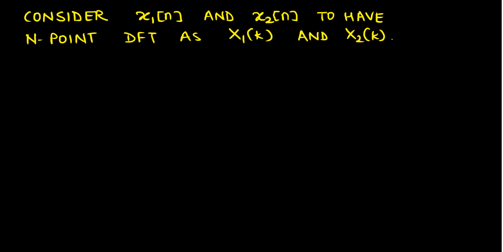So we will consider the two signals x1 of n and x2 of n, and let them have the N-point DFT as X1 of k and X2 of k.